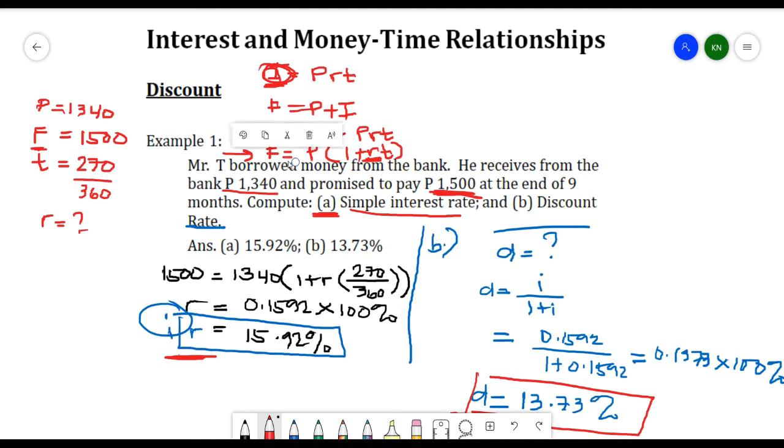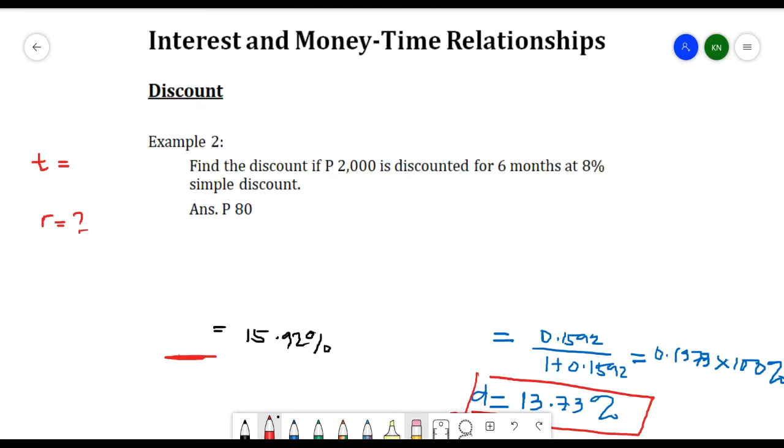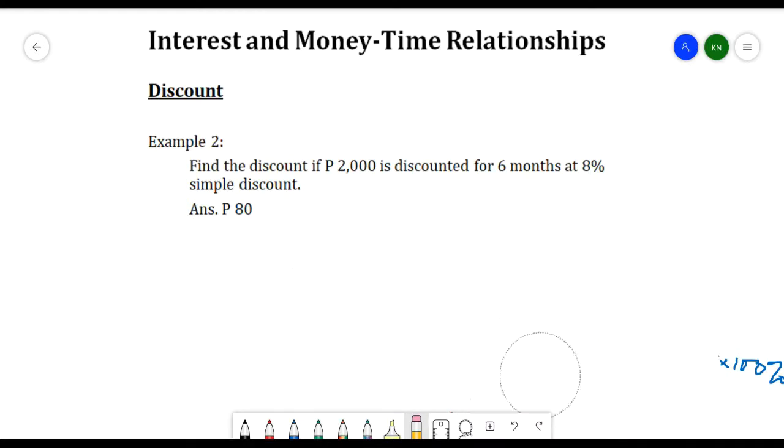Okay, now let's move on to another example. Find the discount if 2,000 pesos is discounted for 6 months at 8% simple discount. Again, we have 2,000, which is our P, or the present worth.